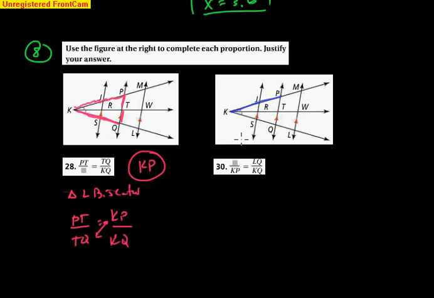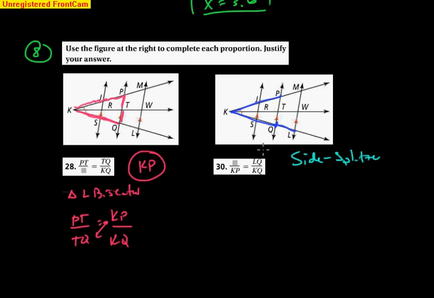Over here, let's see. KP, LQ and KQ. So here's what they're doing. They're using the side splitter. Right? So K is the separation.